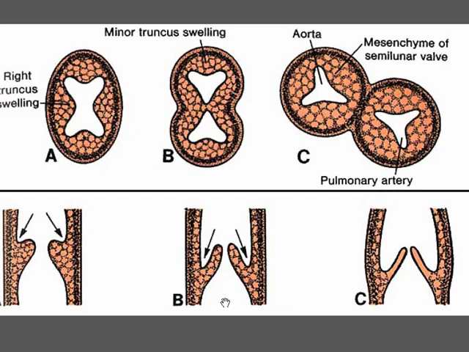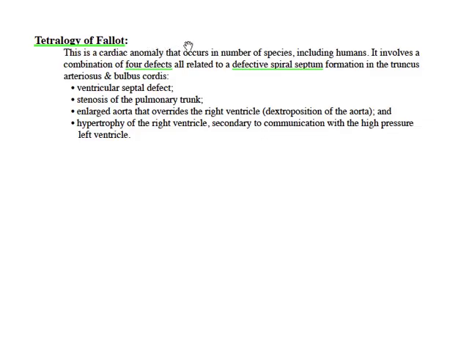A cardiac anomaly that occurs in a number of species is the tetralogy of Fallot. Fallot is a man's name, and tetralogy refers to 4 defects. All of the defects are related to defective spiral septum formation within the truncus arteriosus.